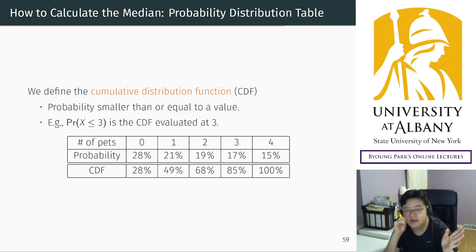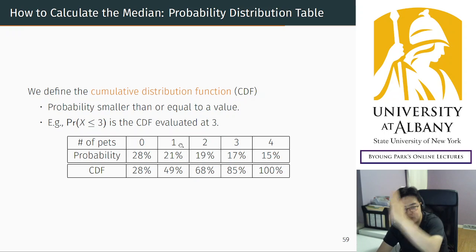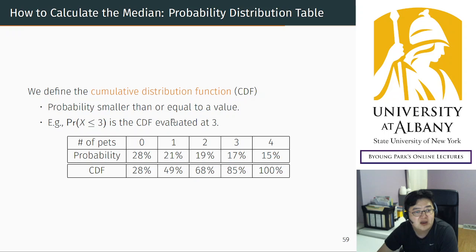We call that kind of probability the cumulative distribution function, simply CDF. It's cumulative because we are considering cumulative probability from 0 up to a certain point.